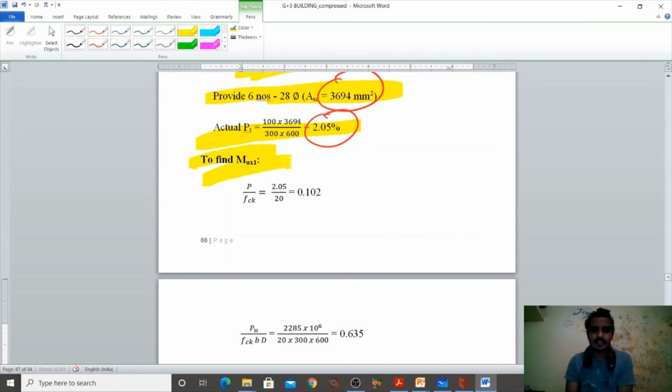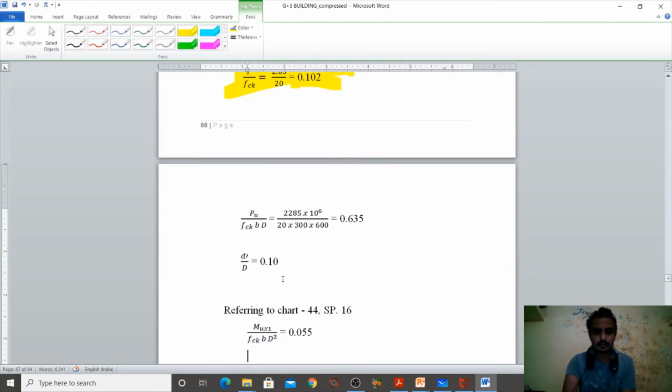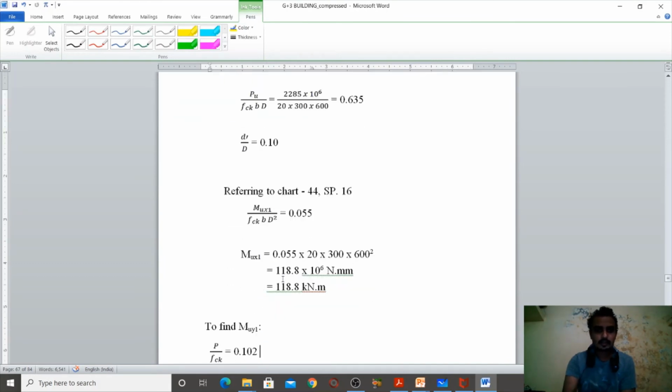Now we have to check whether this design is safe or not. So for the check we have to follow P by FCK. P is 2.05, FCK is 20, so the value is 0.102.